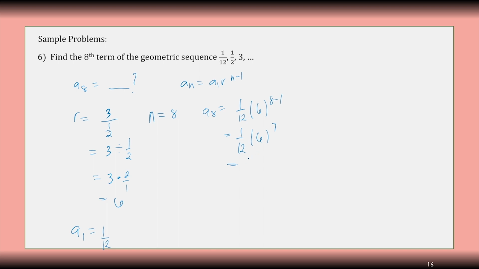Then, yung ating 6 to the 7, magiging sagot natin dyan is 279,936. So, pag dinivide natin yan by 12, magiging sagot dyan 23,328. So, this will be the a sub 8.